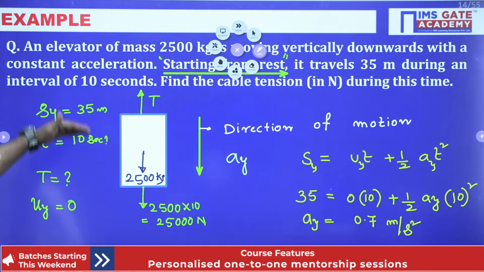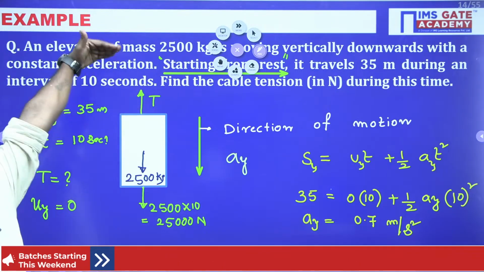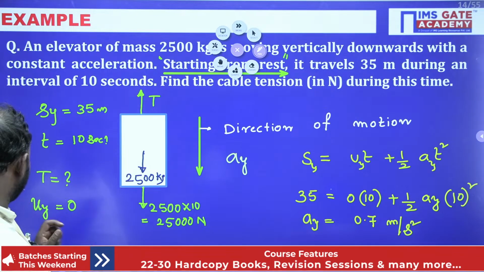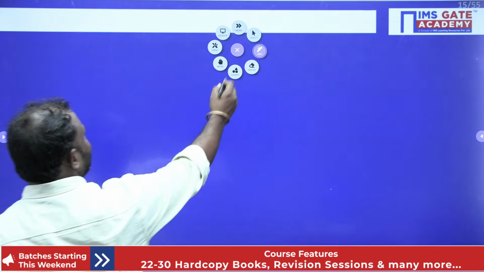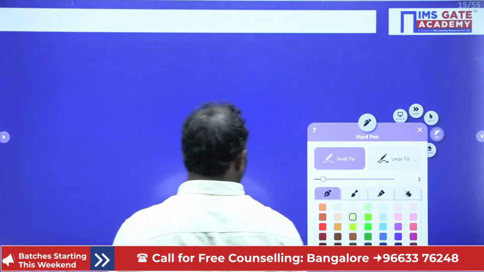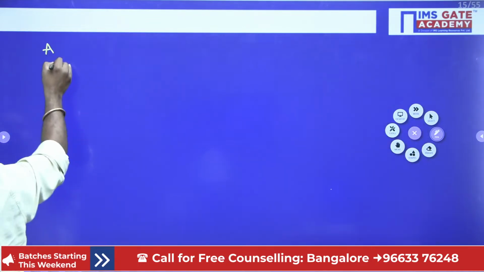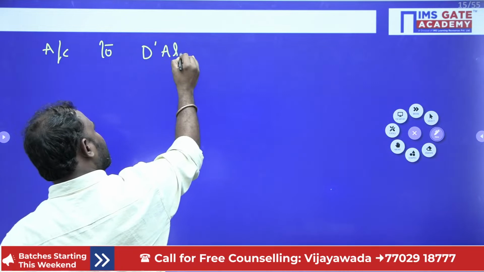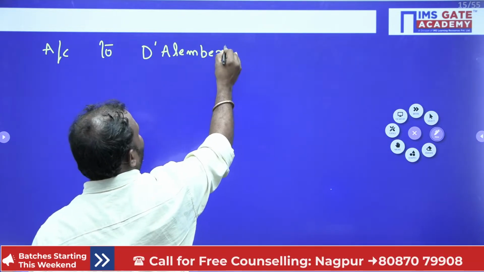Now what do I need to find? The tension in the wire. Hope you understand. Let me write the equation. According to D'Alembert's principle, I am going to solve the problem.